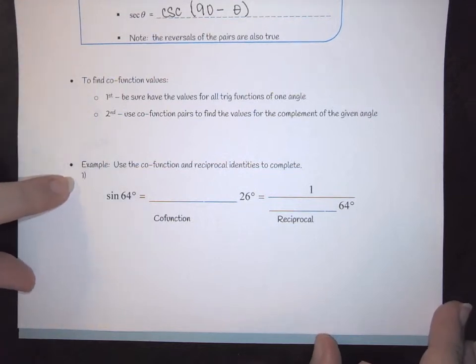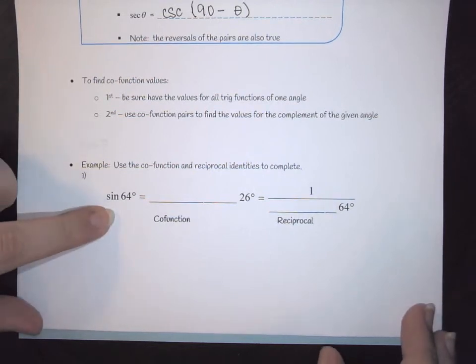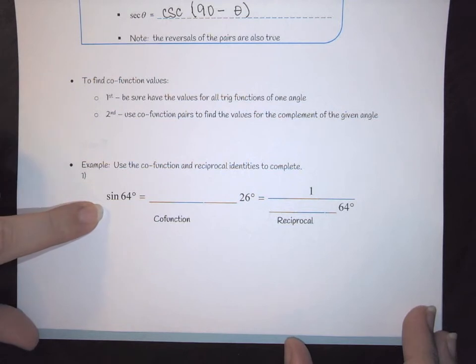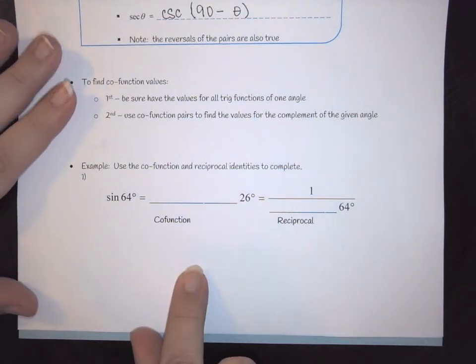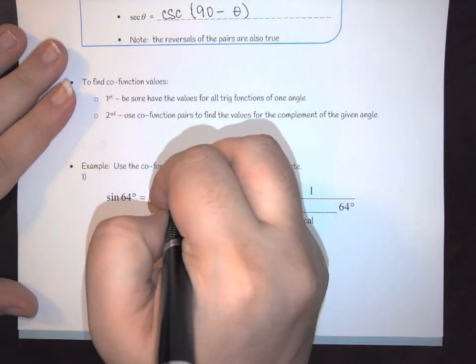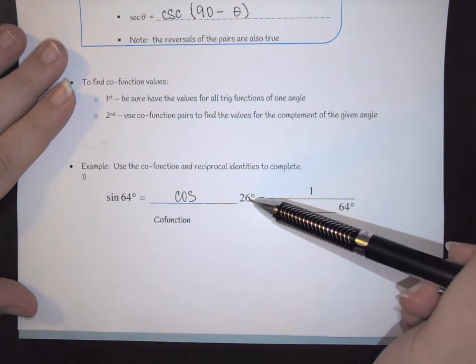As an example, you need to use the cofunction and reciprocal identities in order to complete this little table. First of all, we have the sine of 64. Its cofunction is going to be the cosine. If we did 90 minus 64, we would get 26.